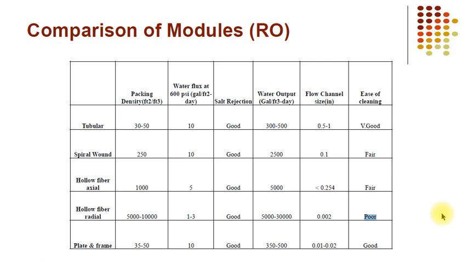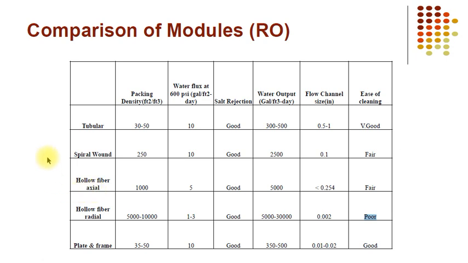But generally the thumb rules are, if you are using reverse osmosis for domestic purposes or for a small scale purpose, you can use the spiral wound modules. If you are using reverse osmosis for seawater desalination, then you can go for the hollow fiber radial modules. If you are using an ultrafiltration membrane, then you can use the hollow fiber axial module.